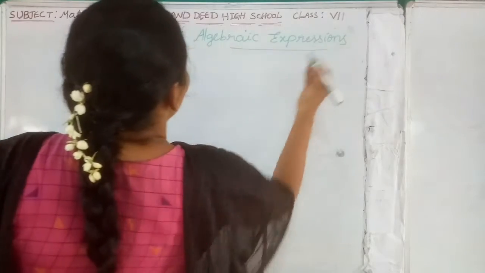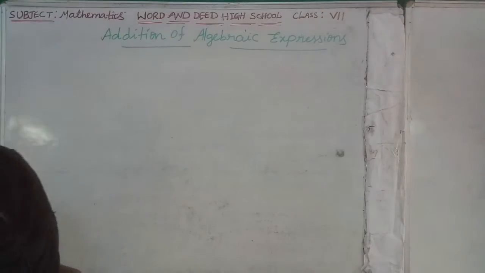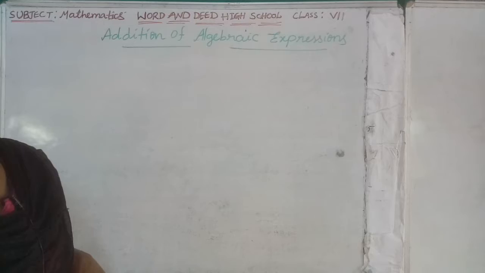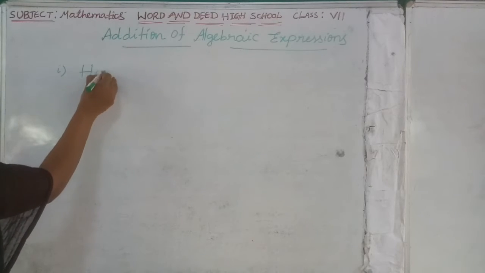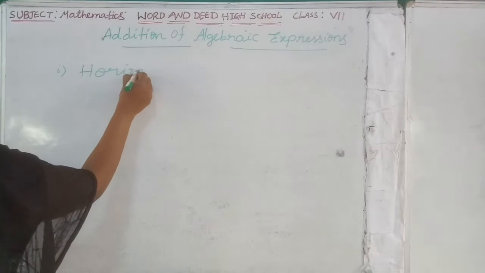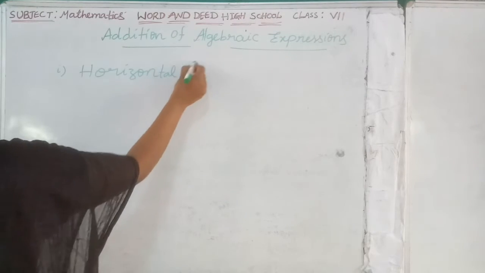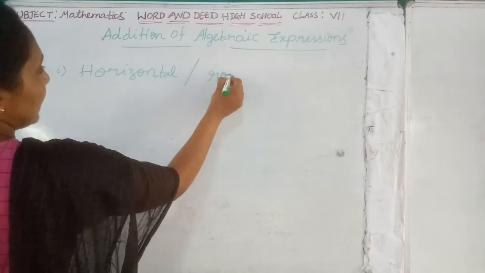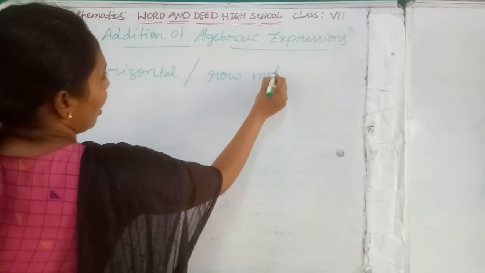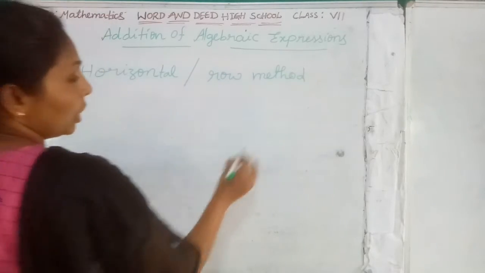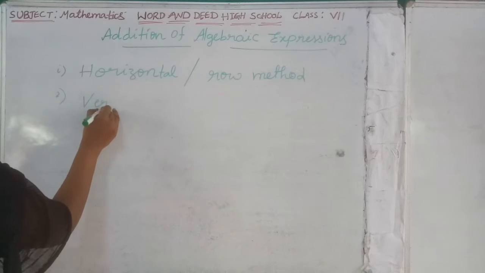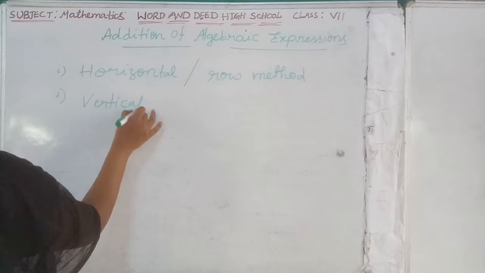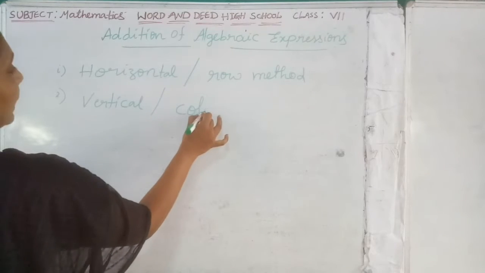Addition of algebraic expressions. In this we have two methods, children. The first one is the horizontal or row method. The second one is the vertical or column method.